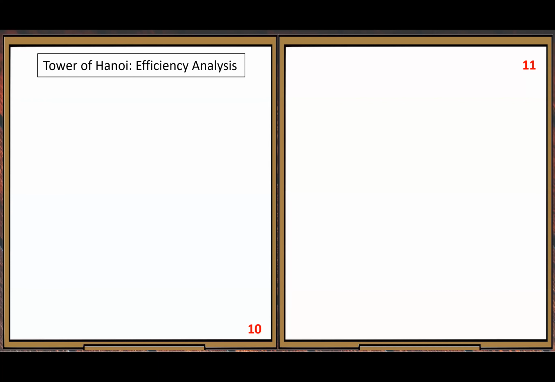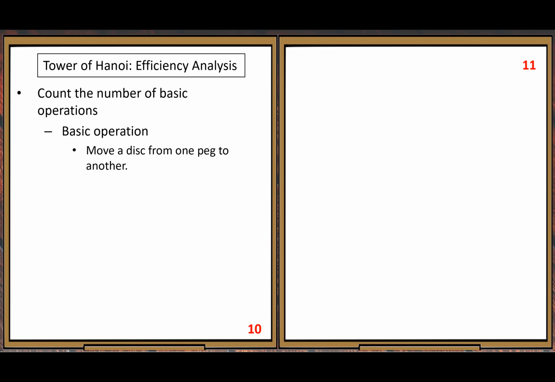What is the basic operation? Disk move. One disk move, we treat it as a basic operation. So we count the number of basic operations. Move a disk from one peg to another. We don't care which peg to which peg. Just one disk move.